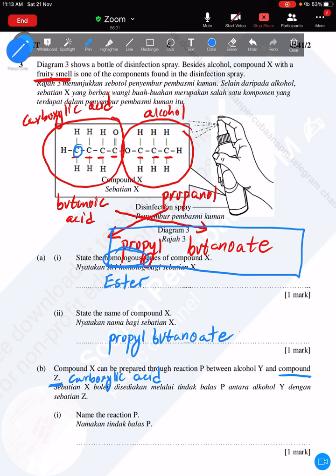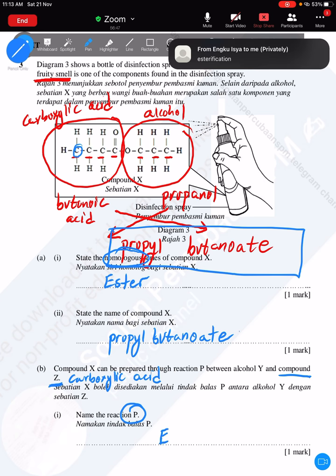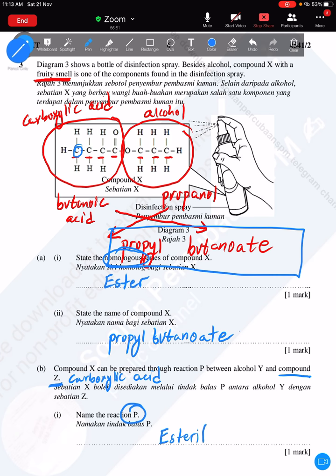Name the reaction P. What is the name of reaction P? Very good. Esterification. That's it.